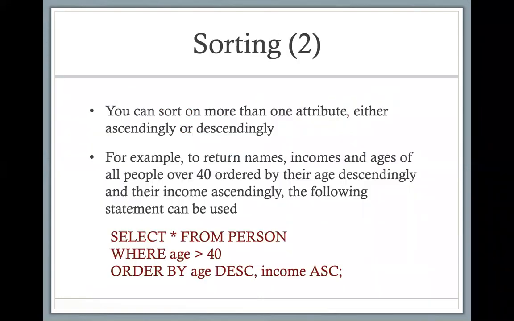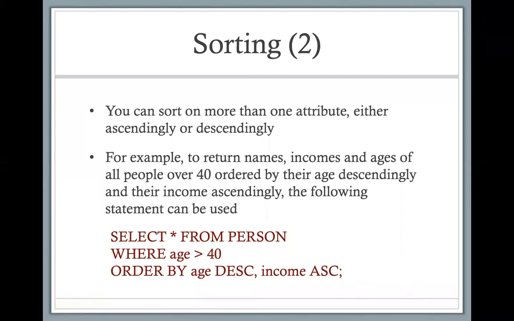Sorting. You can sort on more than one attribute, either ascendingly or descendingly. So let's look at an example. I want to return names, incomes, and ages of all people over 40, ordered by their age descendingly and their income ascending. So I want the age to be descending and the income ascending.